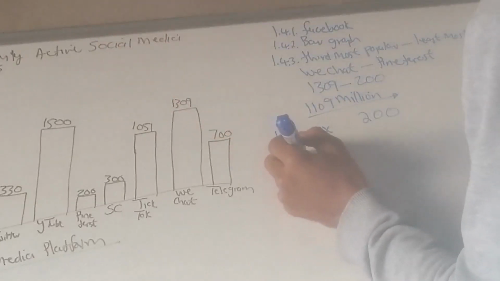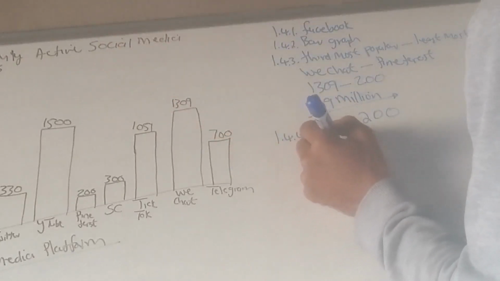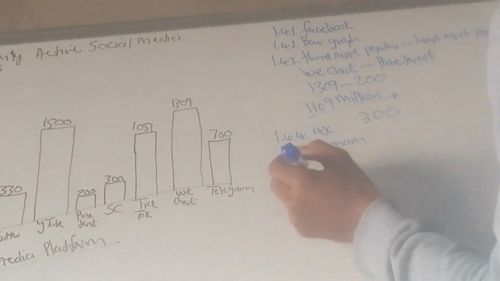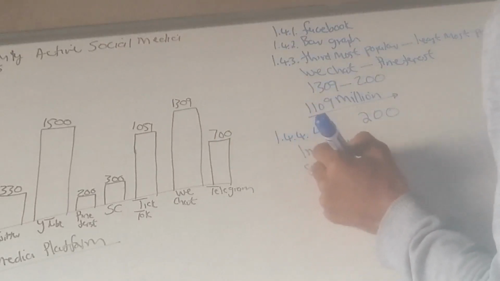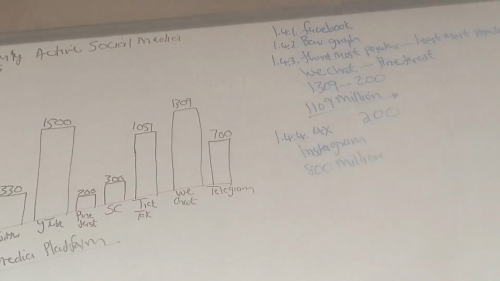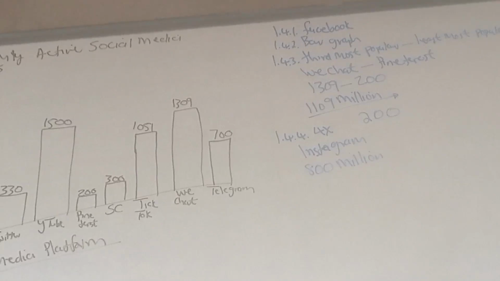So that would be Instagram, with a value of 800 million. This is us trying to understand the language of mathematical literacy. So we are done with question 1. That is entirely question 1, and we are done.